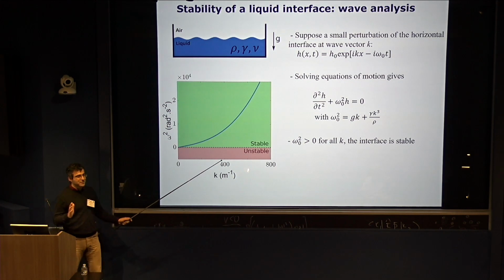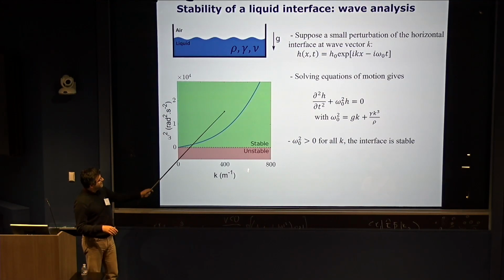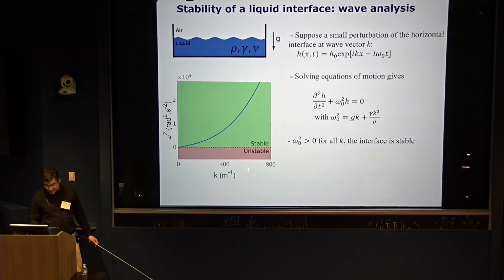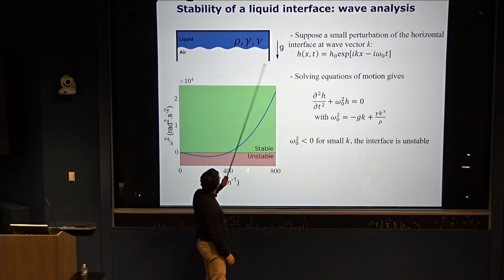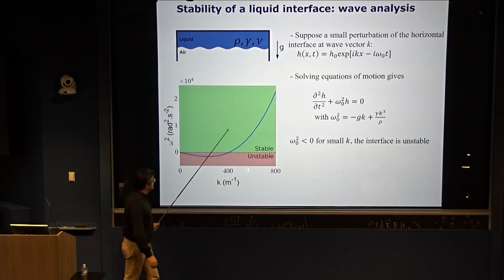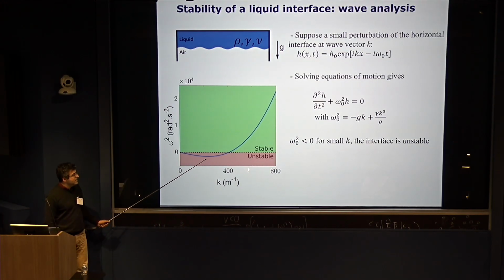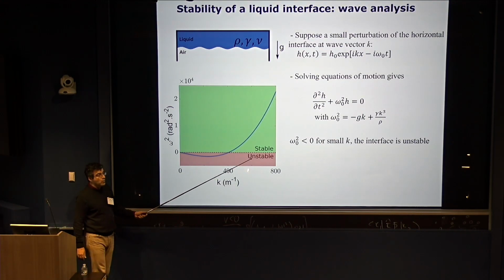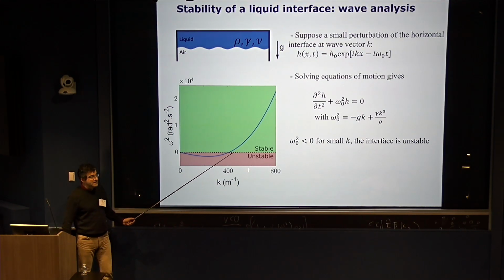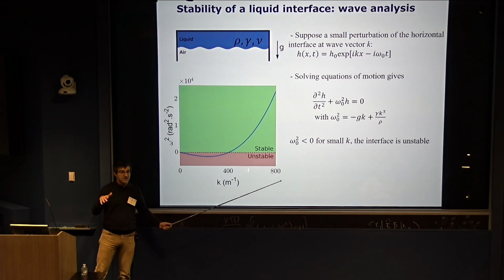Everything is stable, fortunately, when you have waves, and omega squared is always positive. Now, let's put it upside down, and this is what you get. You get a negative omega squared for some of the k, the lowest k, so the long wavelengths, and this is due to the fact that gravity is making this unstable.